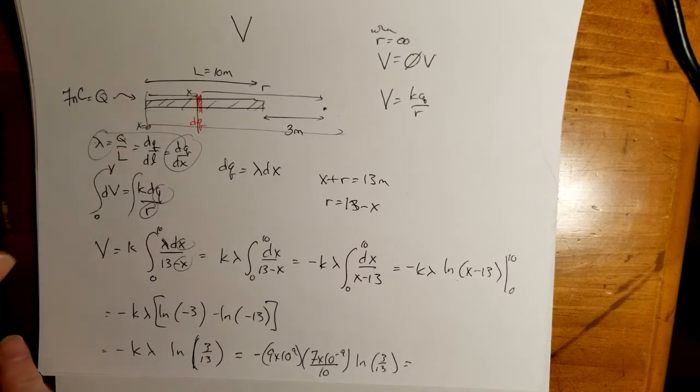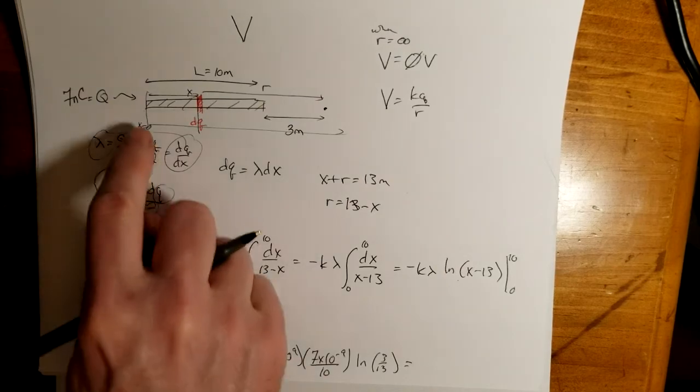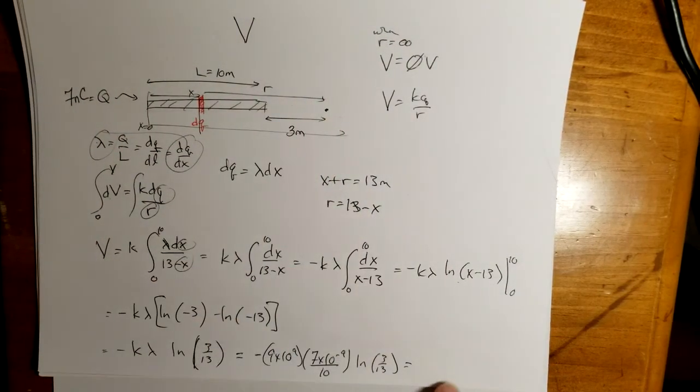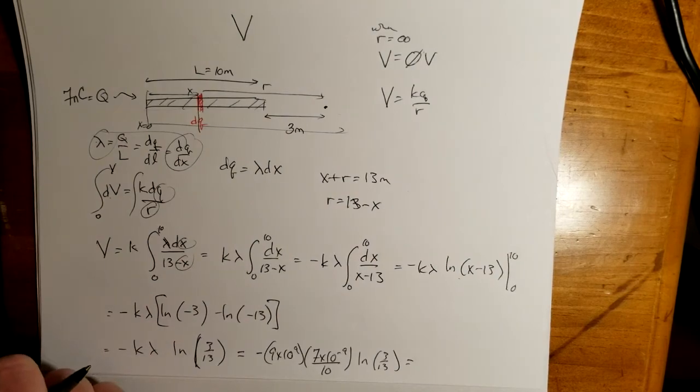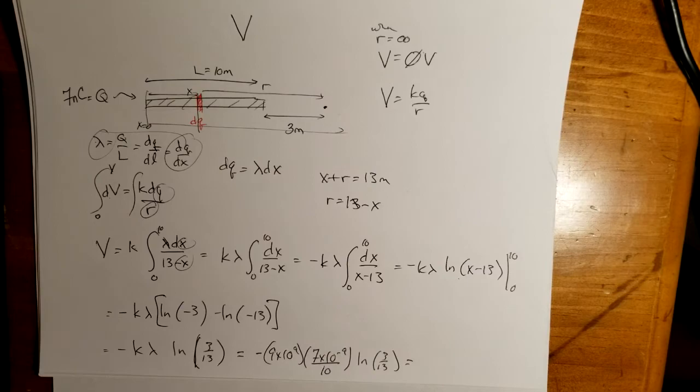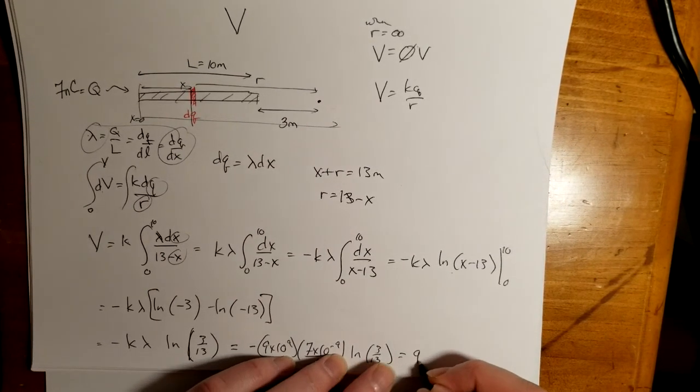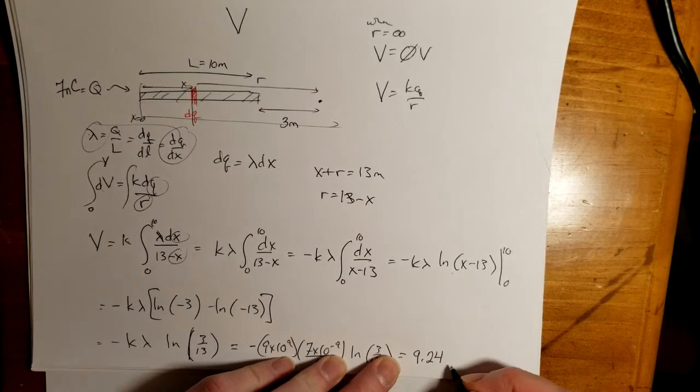And this is equal to... because this is a positive charge, I do expect my final answer to be positive, and so that is at least a quick and dirty check. I know I have a negative sign here, but that's going to produce a negative as well. And I get 9.24 volts.